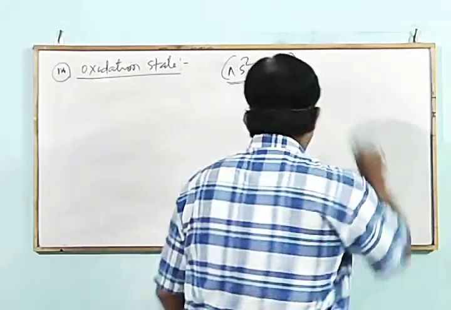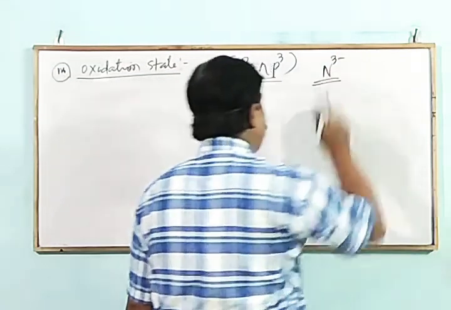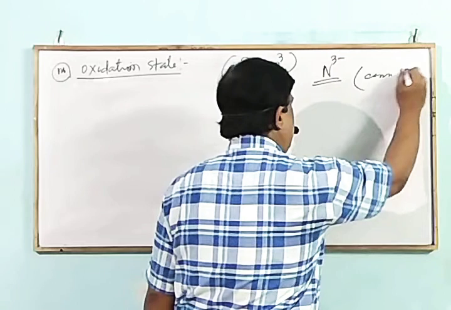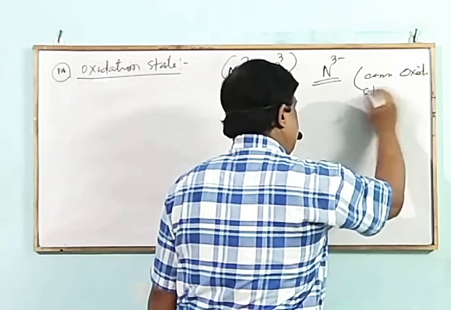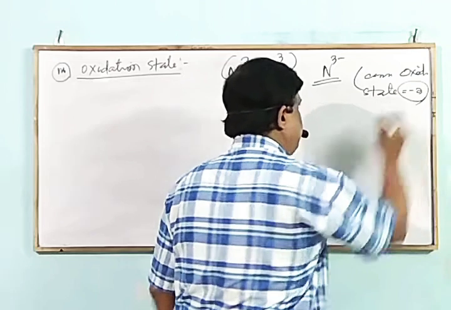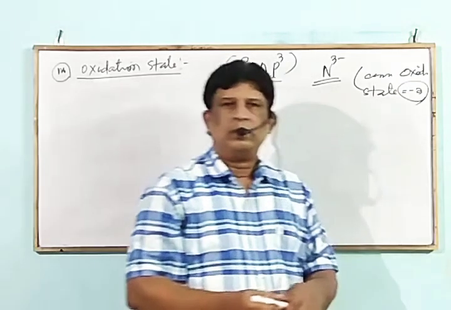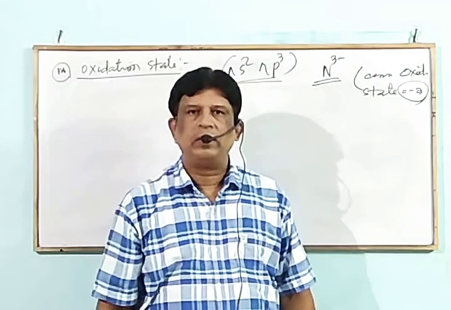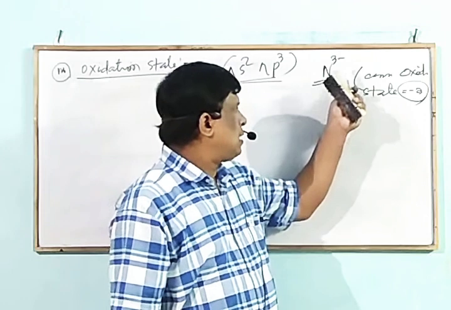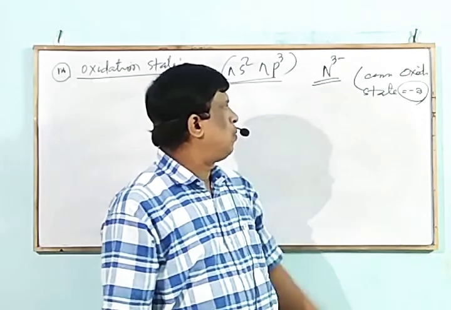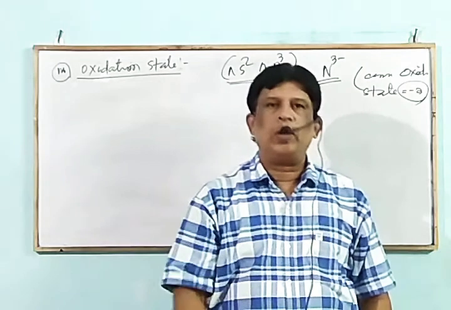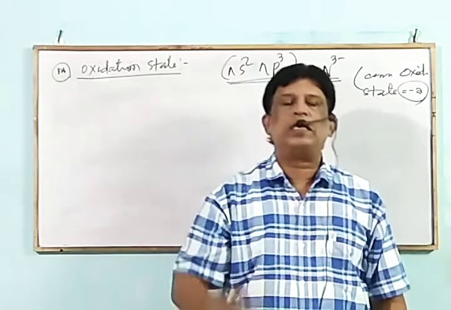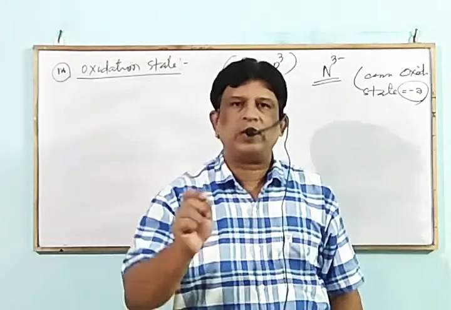By accepting 3 electrons, it exists in the form of N3 minus, exhibiting a common oxidation state of -3. I repeat again, due to small size and higher electronegativity, nitrogen accepts 3 additional electrons, exists as N3 minus and shows a common oxidation state of -3.